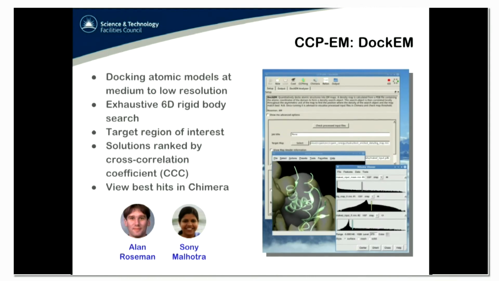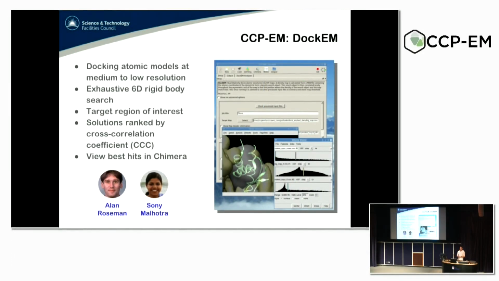Once you've got your map ready, you can start trying to dock models into it if they're available. If you have a medium to low resolution map, so let's say 5-6 angstroms or worse, then we have a tool that was developed by Alan Roseman at the University of Manchester called DockEM. This performs an exhaustive 6-dimensional rigid body search for your target PDB into your experimental map.